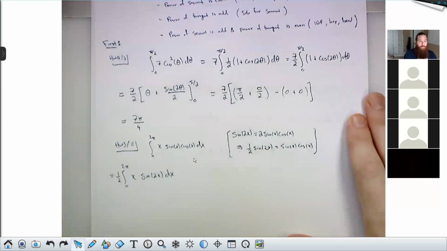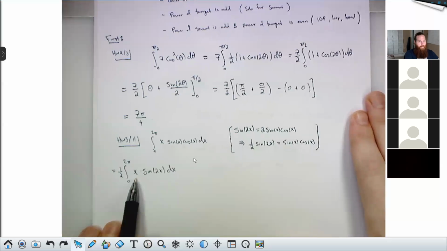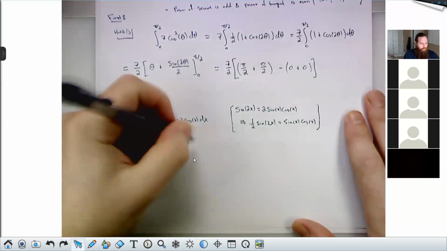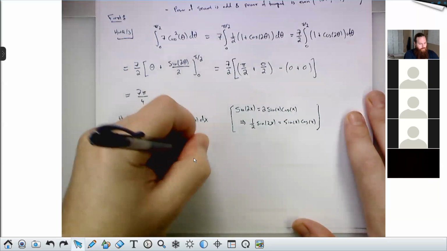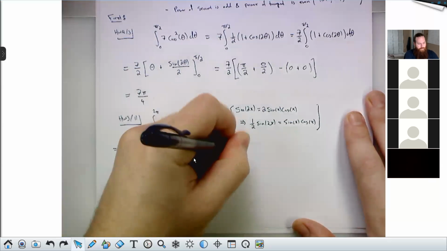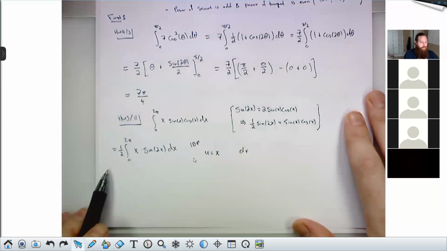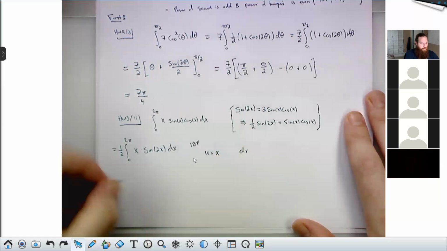So from here, some integration by parts is called for. This is a polynomial. Polynomial times trig function, always IBP. And what's more, my LIPET rule will tell me how to pick u. U should be the polynomial piece, because I don't have any logs, I don't have any inverses, I do have a polynomial.